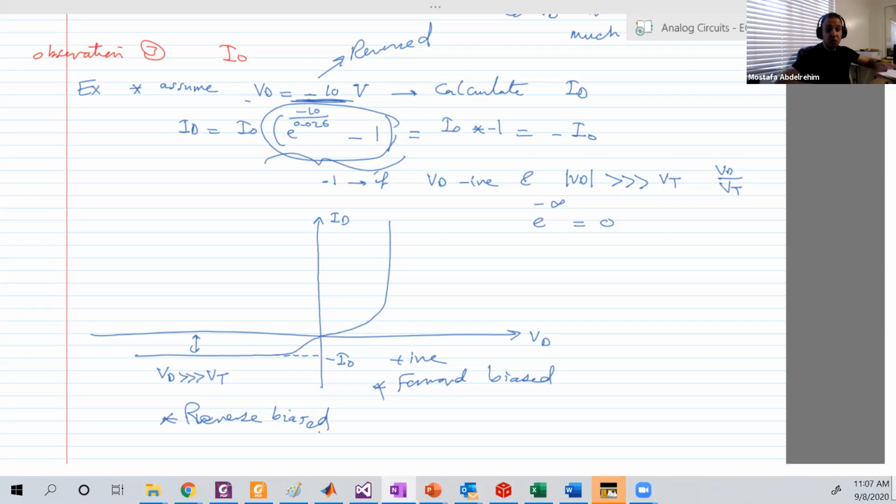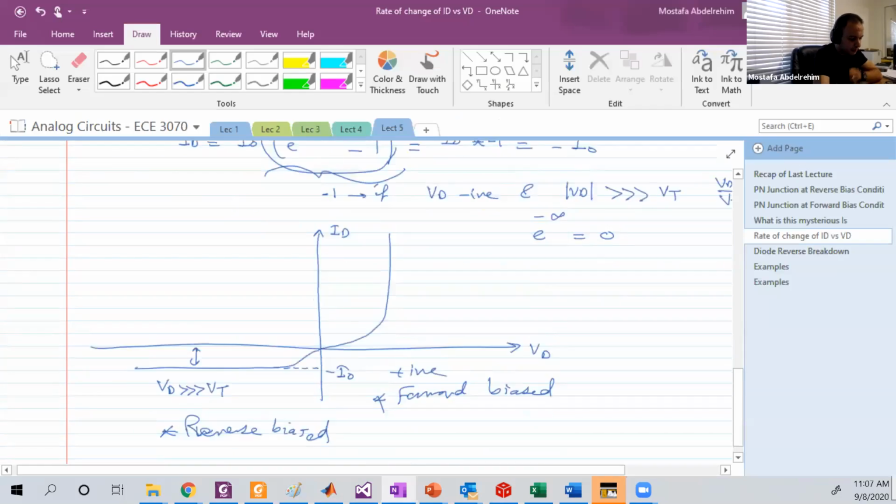Now this is what we know about the diode. We know its equation, and we know some observations about our diode. So can we now play with it in circuits, put it with some other things like a resistor and a voltage source and see what's happening? Yes, we can, although it will be hard, but let's see.